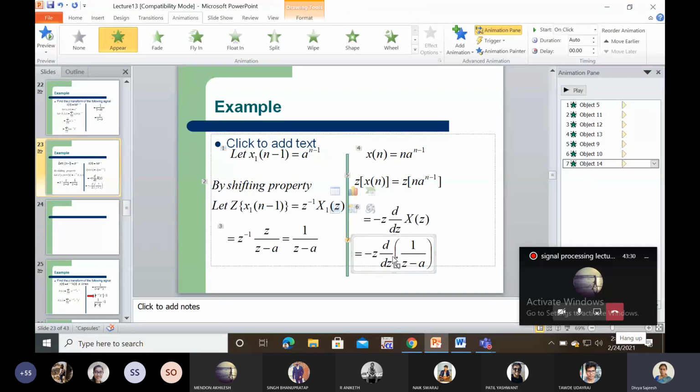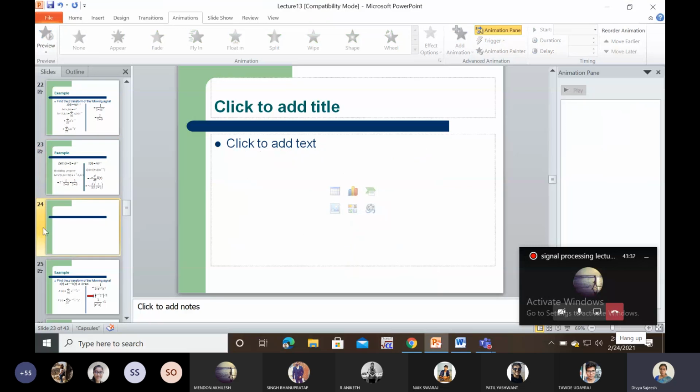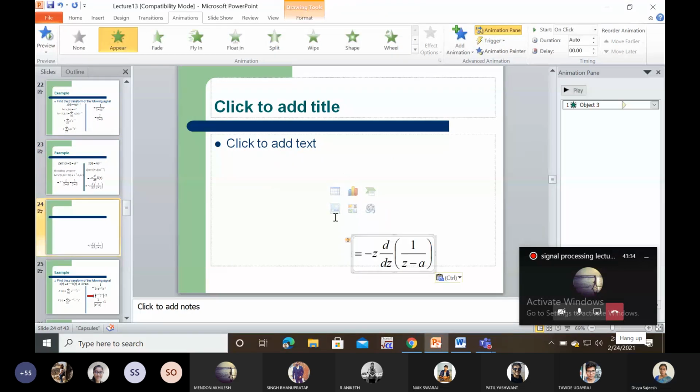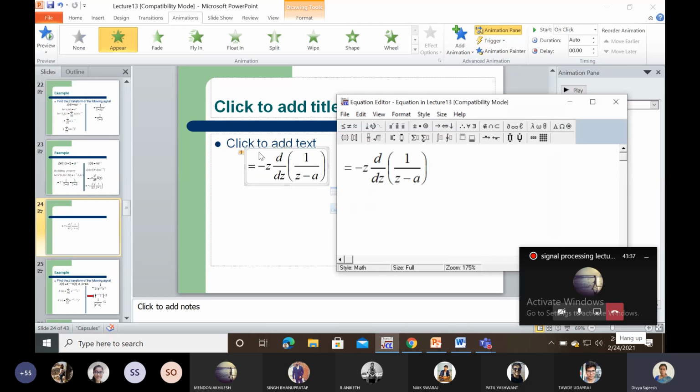So that will be, here you will get a minus 1 upon z minus a square.